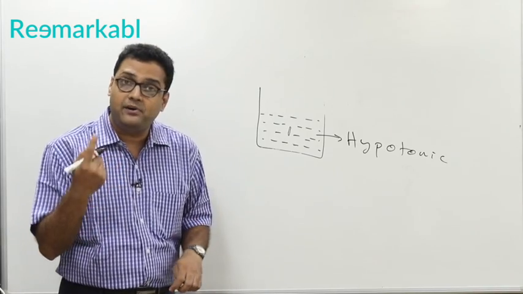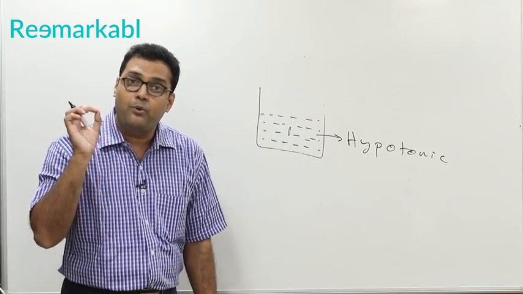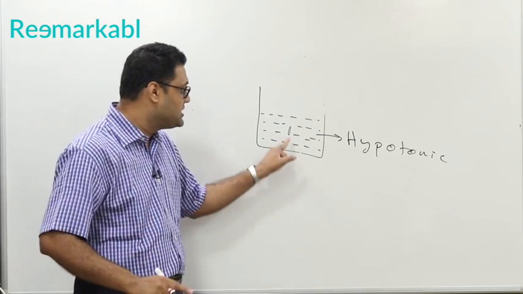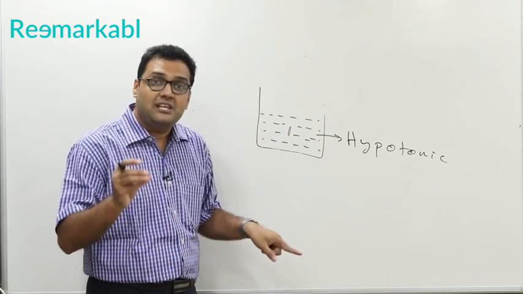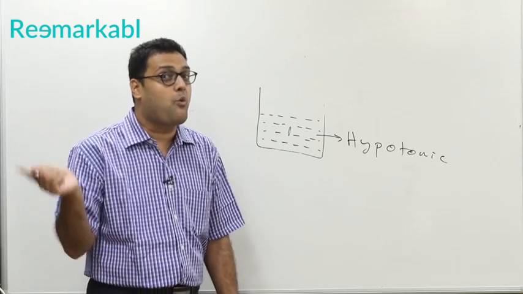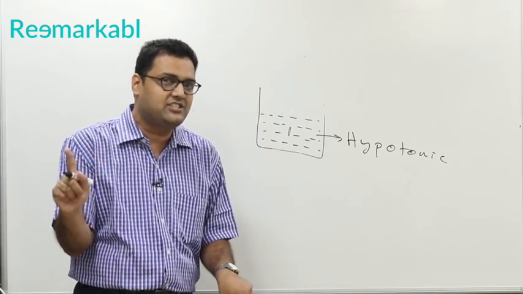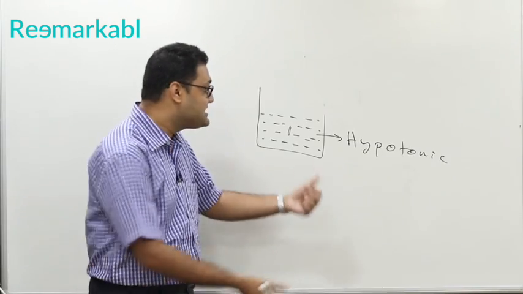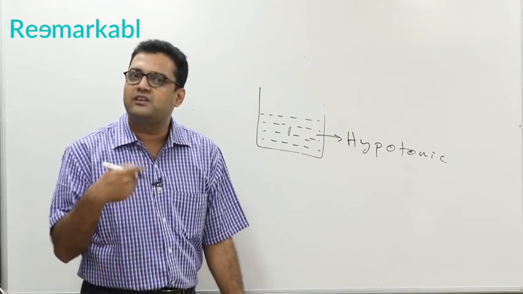Children, I told you hypertonic solution last time. No, it's a hypotonic solution. A hypotonic solution is a solution in which the outer part has more concentration of water molecules outside the cell. In the first case, what did we see, children? We saw there was more concentration of solute molecules. In the second condition, hypotonic, there is more concentration of water molecules.